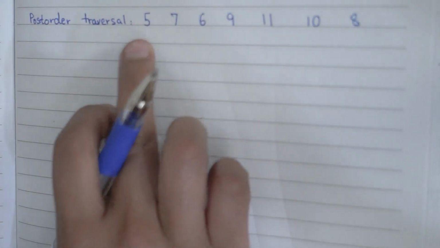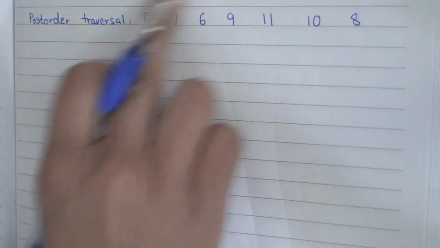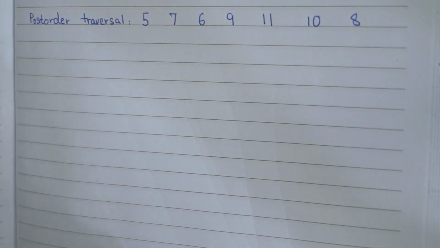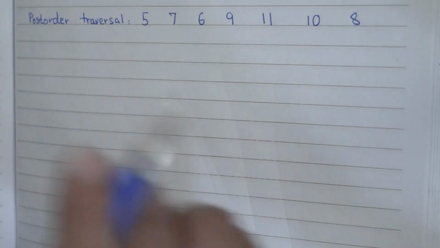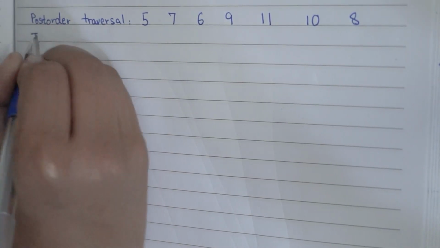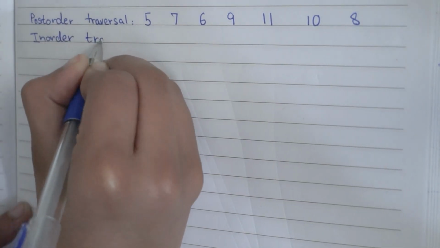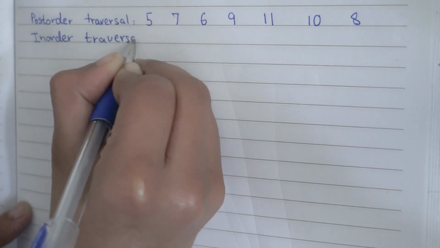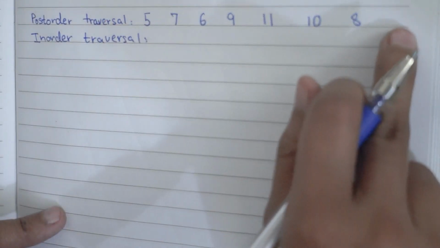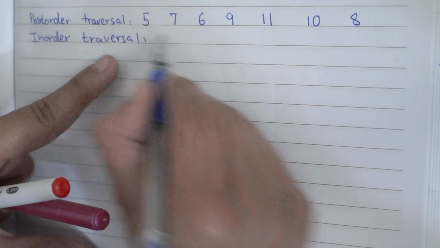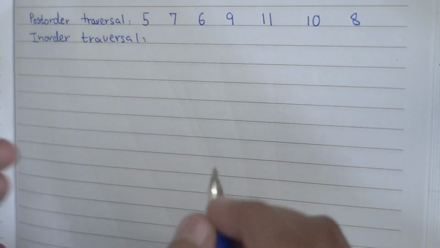If we arrange the data of this given traversal in ascending order, then we can make its in-order traversal. Here I am going to show you. As this data is not in ascending order, for in-order we will arrange this data in ascending order.